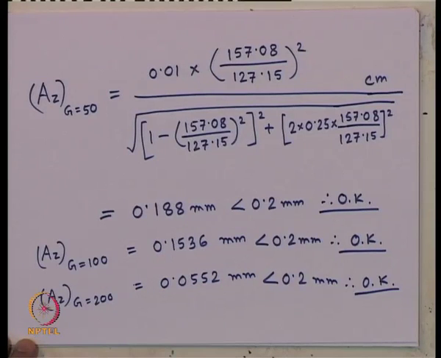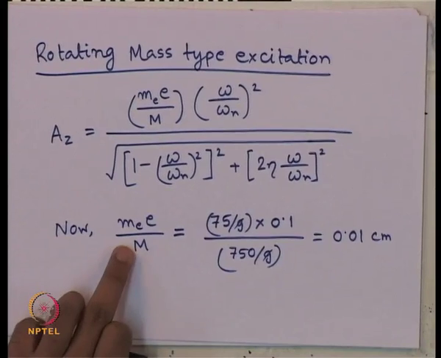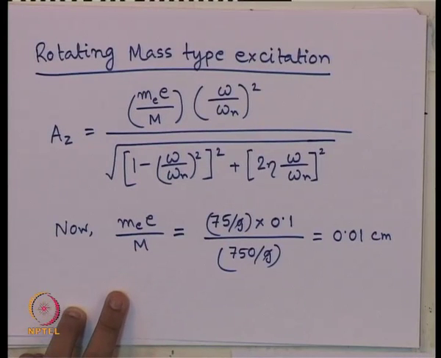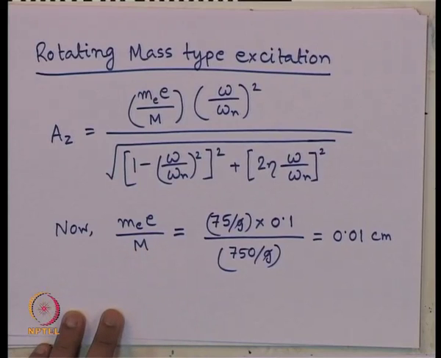They are same as constant force type. How it became same? If you calculate using the given value of MEE and omega, what is Q naught? Q naught is nothing but MEE omega square.